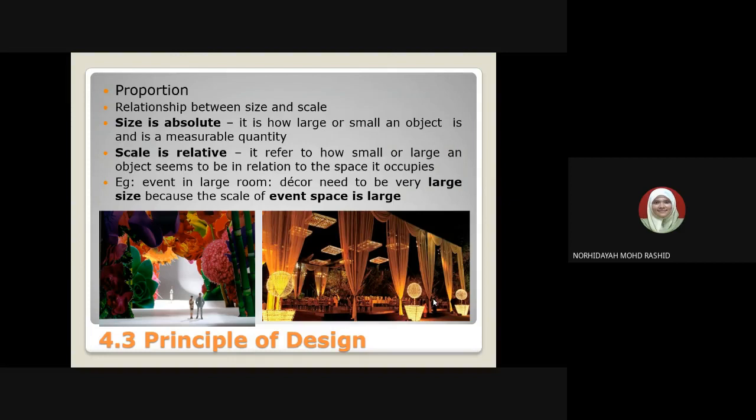Dalam gambar tu, rasa macam, alamak, macam terbantut di situ. So that's why kenapa certain event managers lebih preferred kalau they can get a very high ceiling. Sebabnya bila dia high ceiling dia boleh tunjukkan 3D tu.